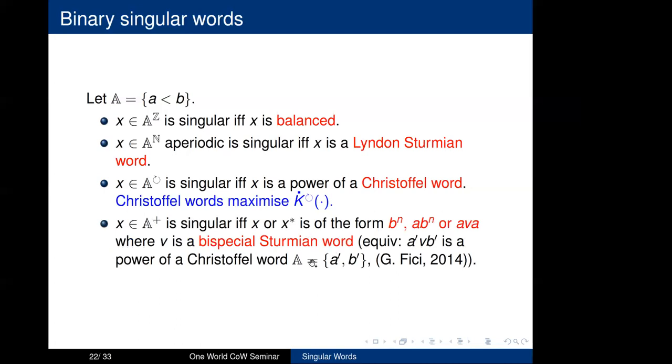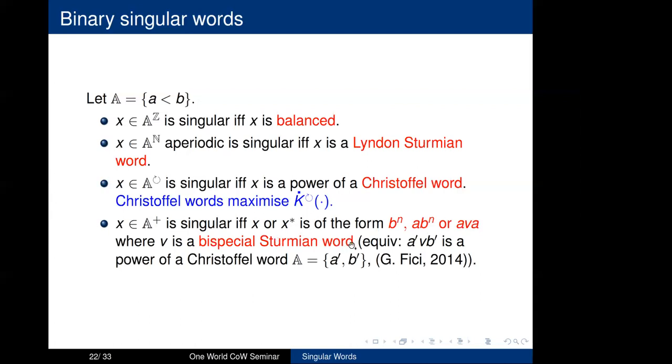And finally, for finite linear words, these are again binary. X is singular if and only if either X or its reverse is of the form b^n, so that means of course there's no a's in X, or X looks like a b^n or its reverse, b^n a, or if there's at least 2 a's in X, then X looks like aVa, where V is a bispecial Sturmian word.